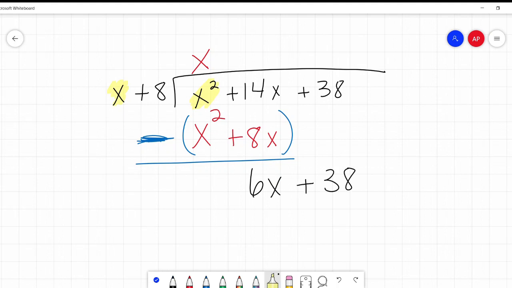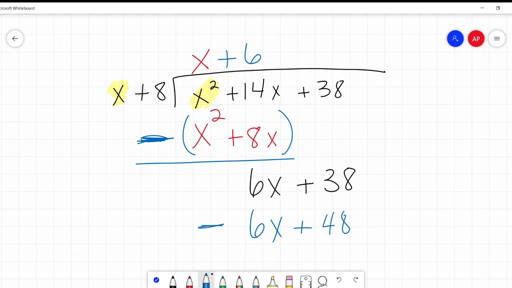Next round, again, I'm only looking at this x, and I'm only looking at this first term, 6x. Again, I'm going to ask myself, x times what equals 6x? 6. X times 6 equals 6x. So, all right, 6. Now I'm going to multiply back by both of those and write it down here. 6 times x is 6x. 6 times 8 is 48.